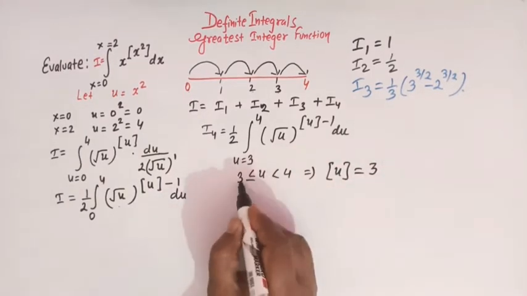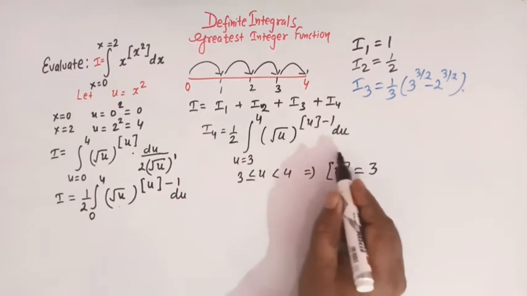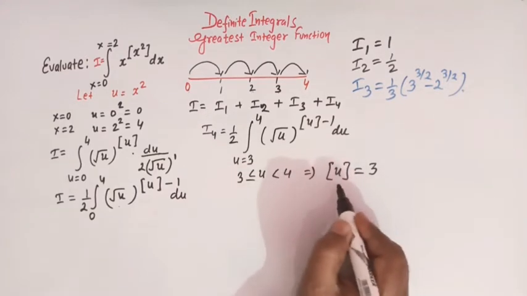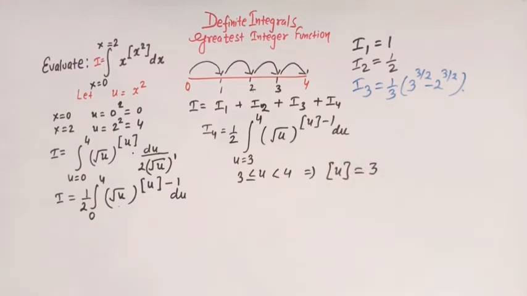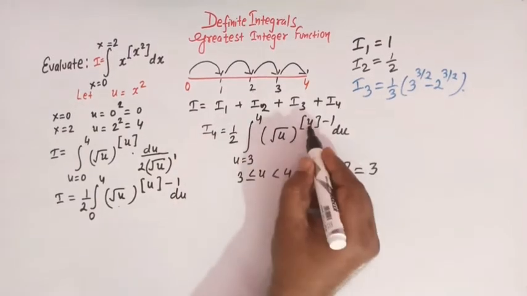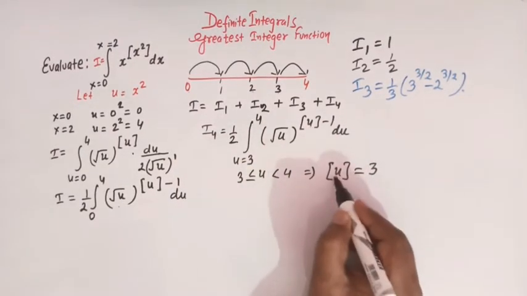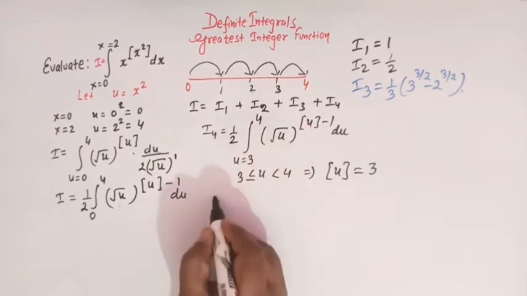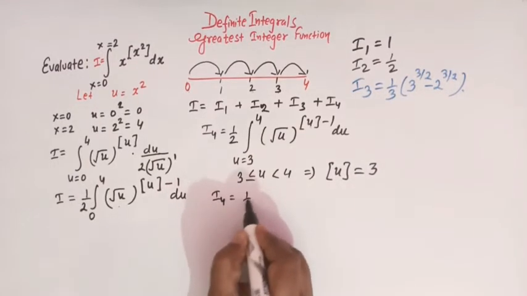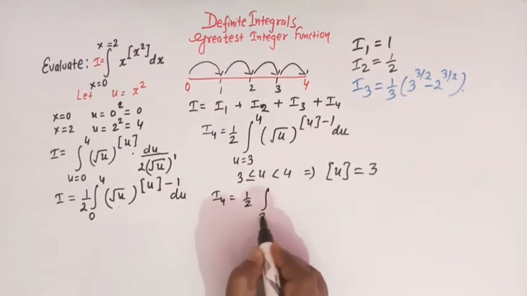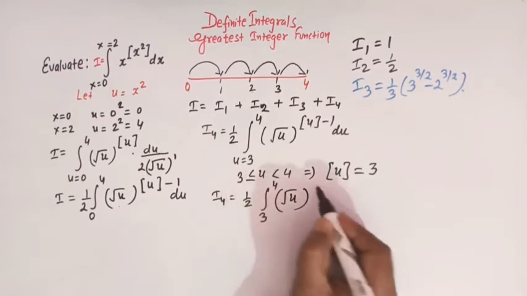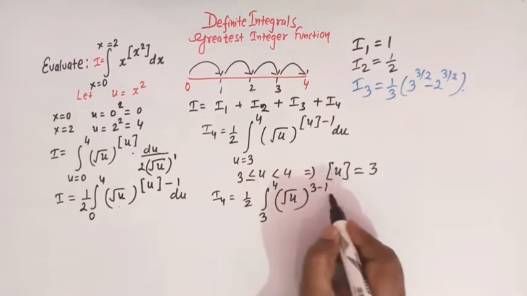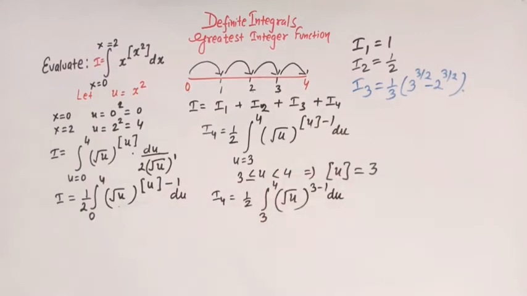Because when u lies between 3 and 4, by definition of greatest integer function, the value of greatest integer u is equal to 3, right? So now here we'll put greatest integer u is equal to 3. So I4 is half, and integral from 3 to 4, here we have square root of u, and here we have 3 minus 1 du, right?